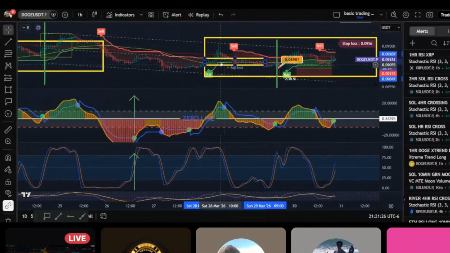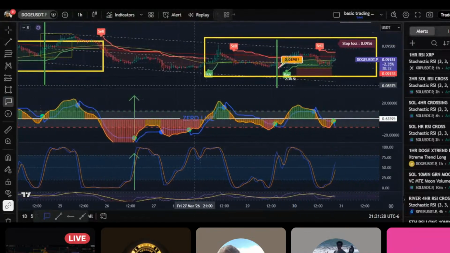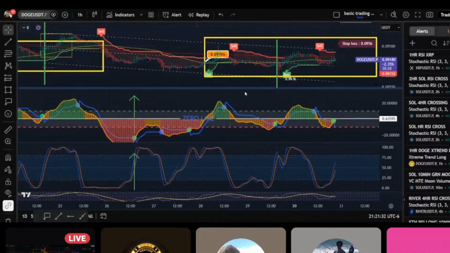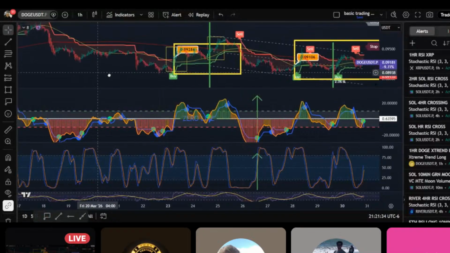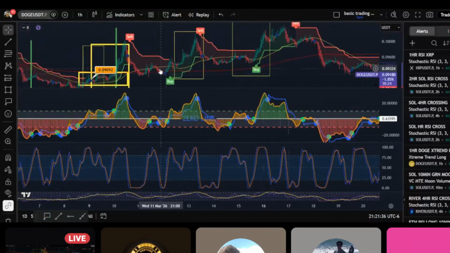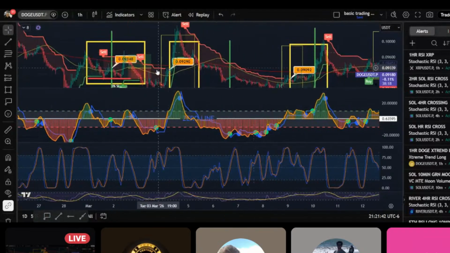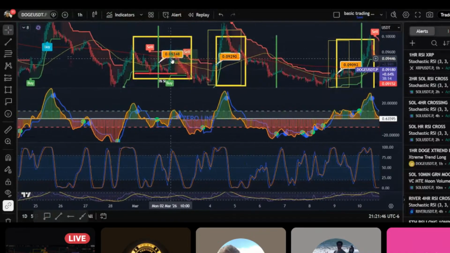I don't need the cluster. I just need the buy. All right, so that changes it up a little bit here. Okay, no clusters, just buys. And here it would be the only one.